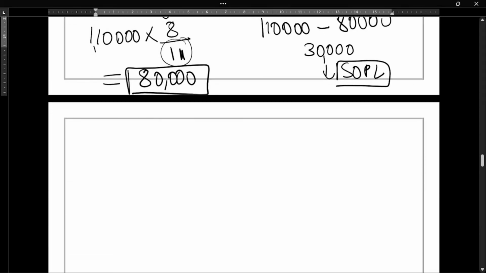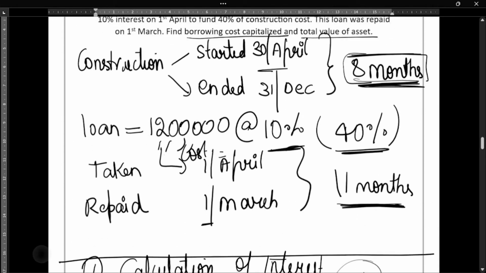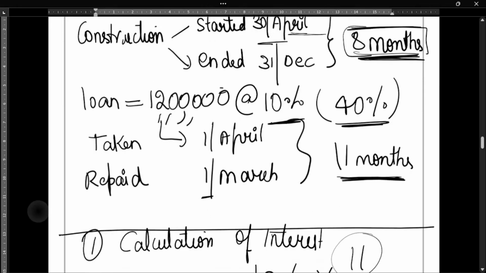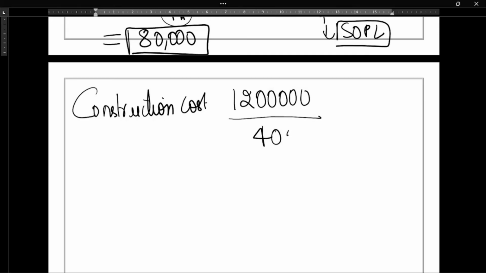Now they have asked us to find the total value of the asset. First, let us find the construction cost. 12 lakh is only 40%.